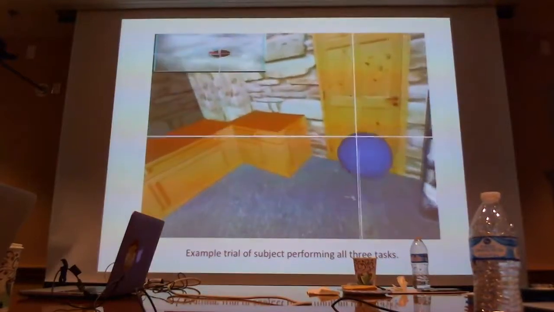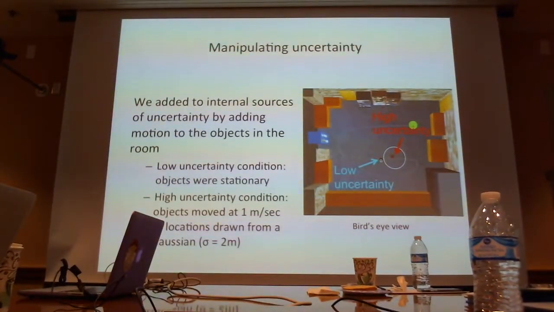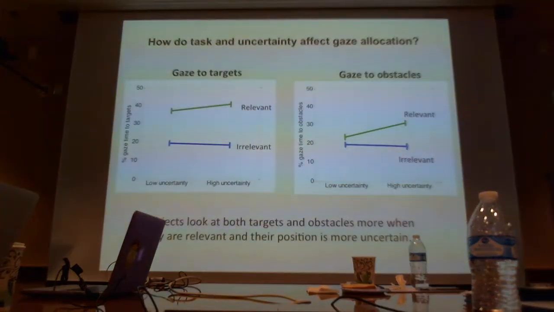This is just a depiction of that. The objects are either stationary or moving around. Let's look at gaze to obstacles. Where they're stationary is the low uncertainty condition; when we make them move, it's high uncertainty.